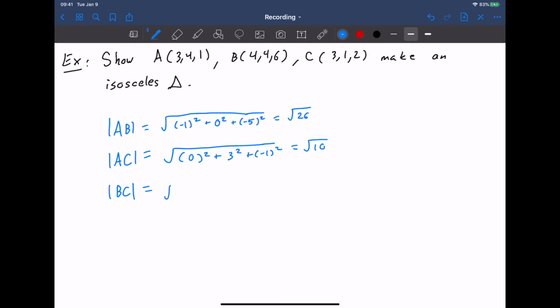And BC, I'm getting 1 squared plus 3 squared plus 4 squared, which is root 26. So since those two match, it's isosceles. That's all it would take. You should think about how it would work to show that the triangle is equilateral or to show the triangle is scalene. No sides are equal, right? But it would all come down to the distance formula.